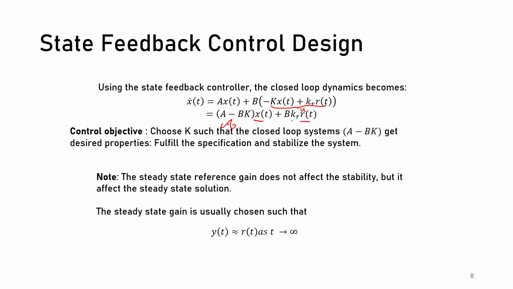Let's assume that r(t) is a convergent function. Then we analyze and try to find K such that H converges at the steady state. We want H at steady state to converge.